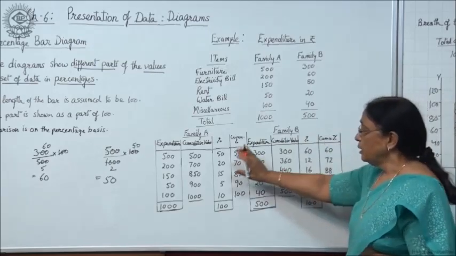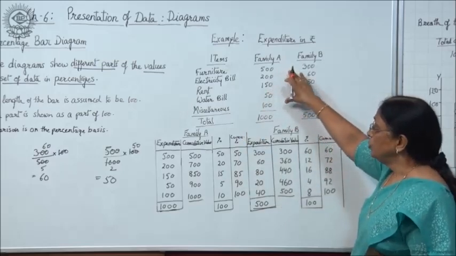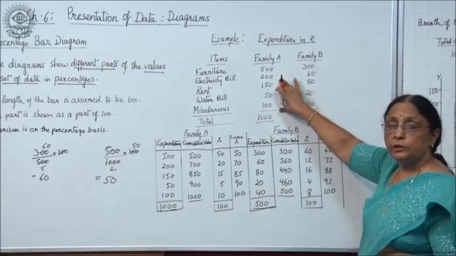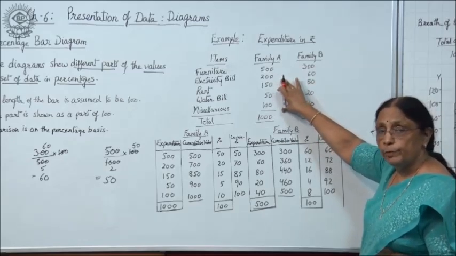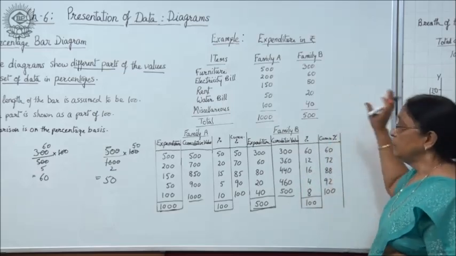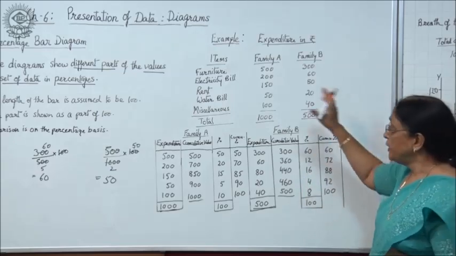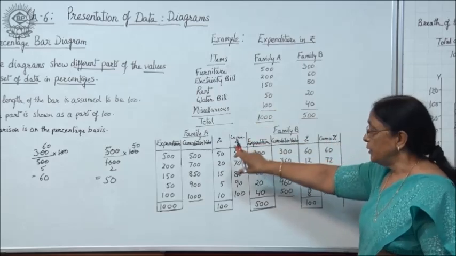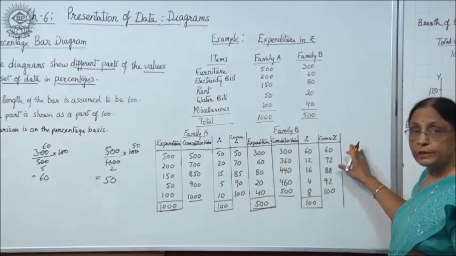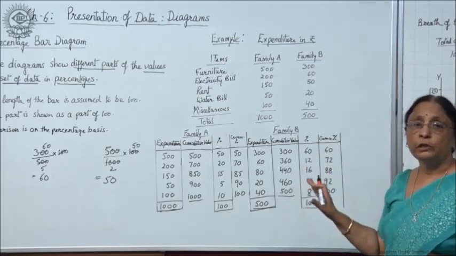So this way, first we have to note down the data. If it is already given in percentage, then you need not convert it into percentage, you just have to take out the cumulative percentage and plot the graph. If the data is not given in percentage, then this way you will convert it into percentage and take out the cumulative percentage and then plot the graph.